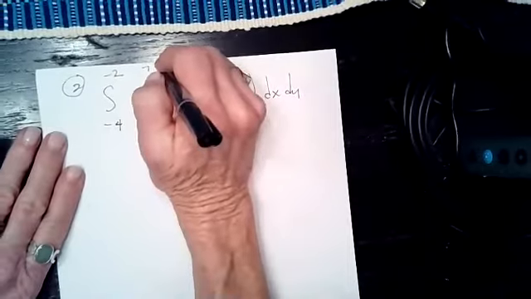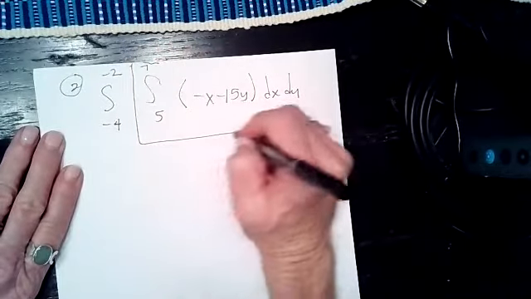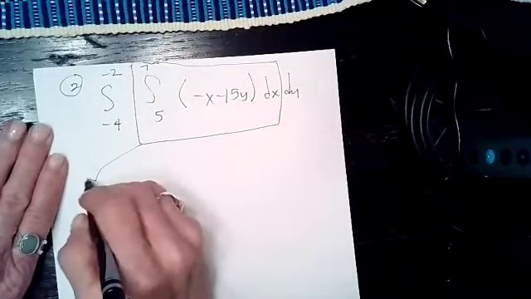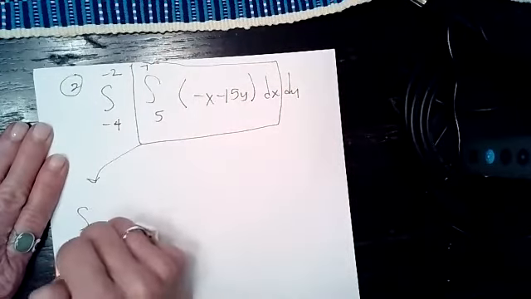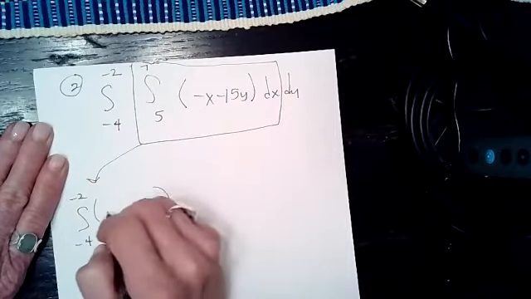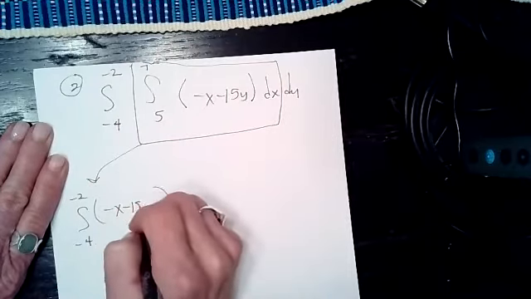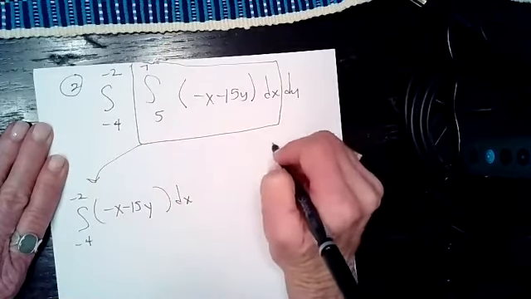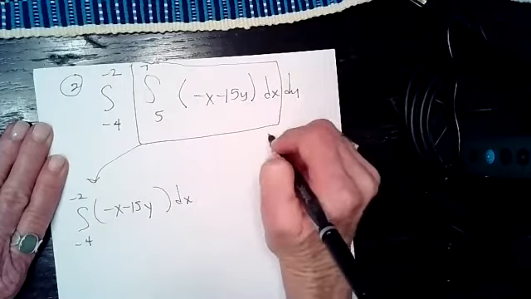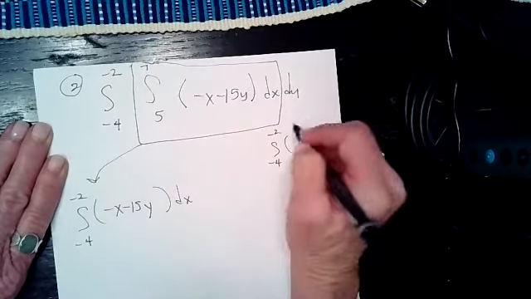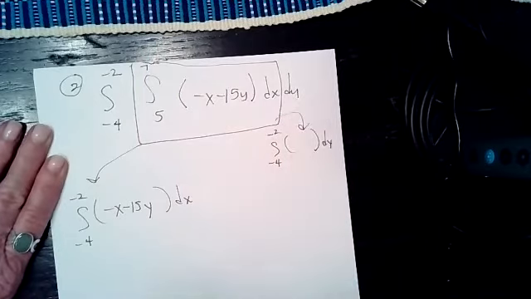So I'm going to draw a rectangle around the inside, and work the integral from -4 to -2 with respect to x. Then I'm going to be left with the y's, with respect to y at the end. I'm going to put whatever I get in there.